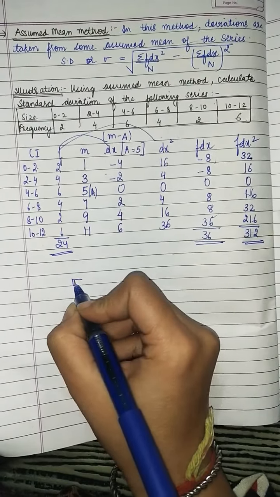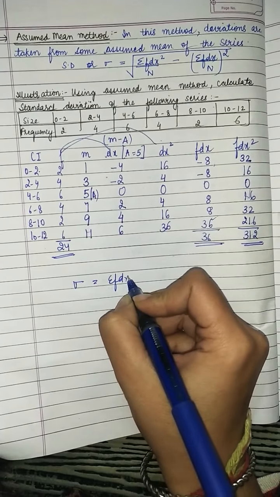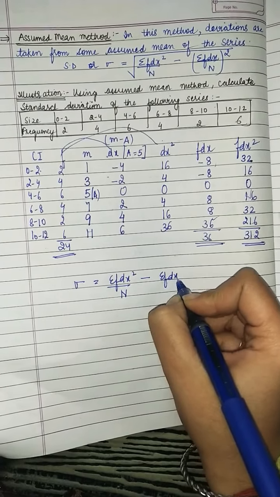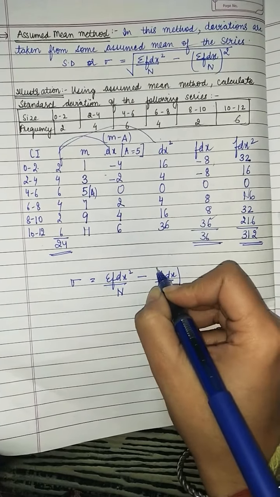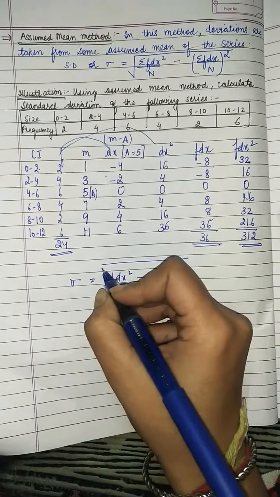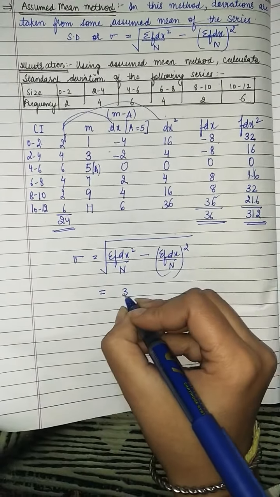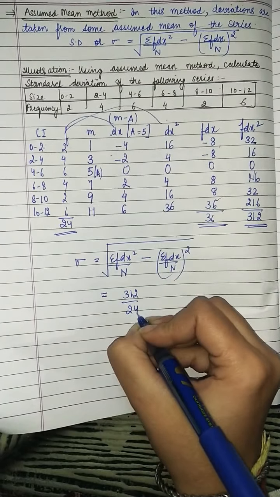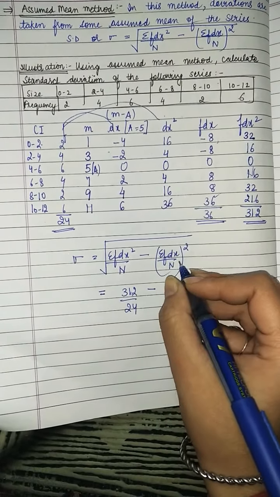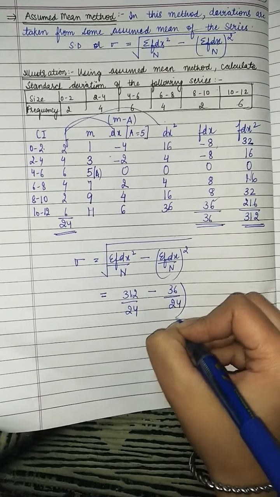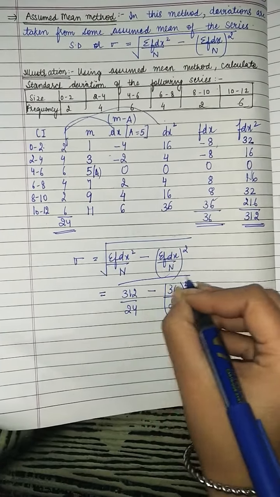So the formula for standard deviation is summation of f dx square upon n minus summation of f dx upon n the whole square, and overall under root is there. 312 upon 24 minus summation of f dx is 36, n is 24, the whole square.